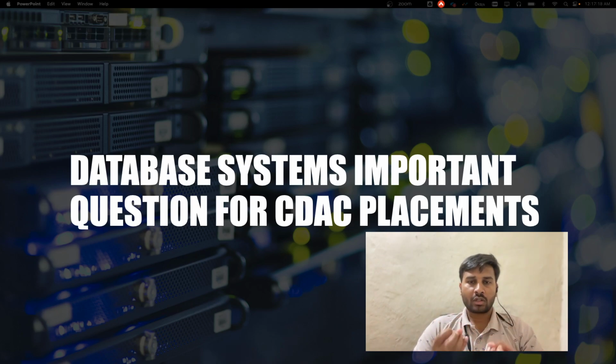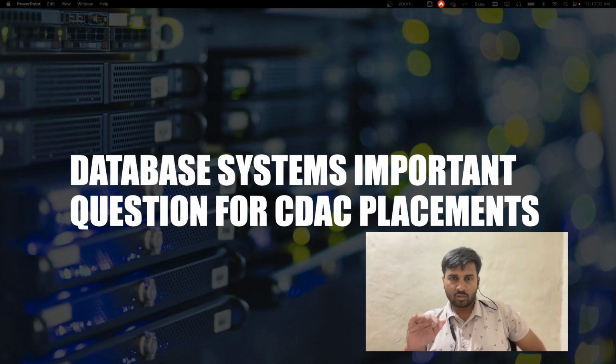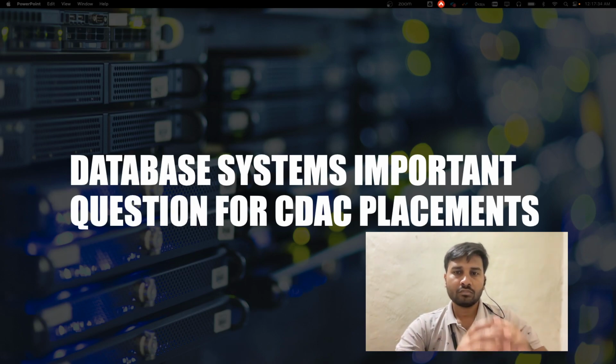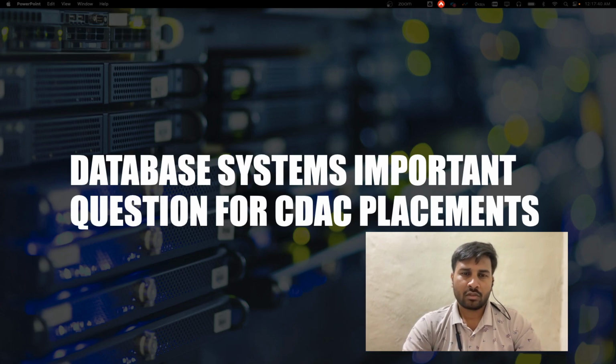On what criteria you distribute those columns is all related to normalization. Sometimes we need to store the calculated column as well, so that part is also considered. You should be ready with the answers. I'll go in depth in some other video, so please bear with me.